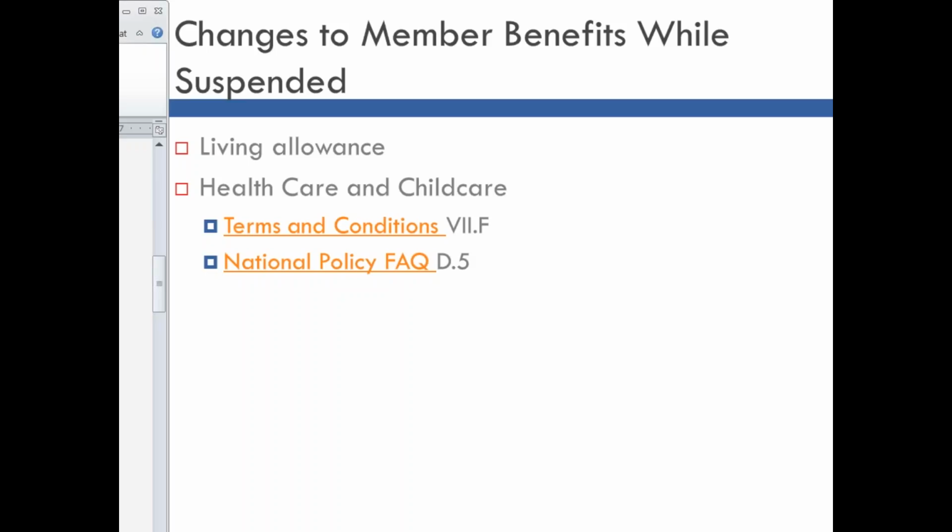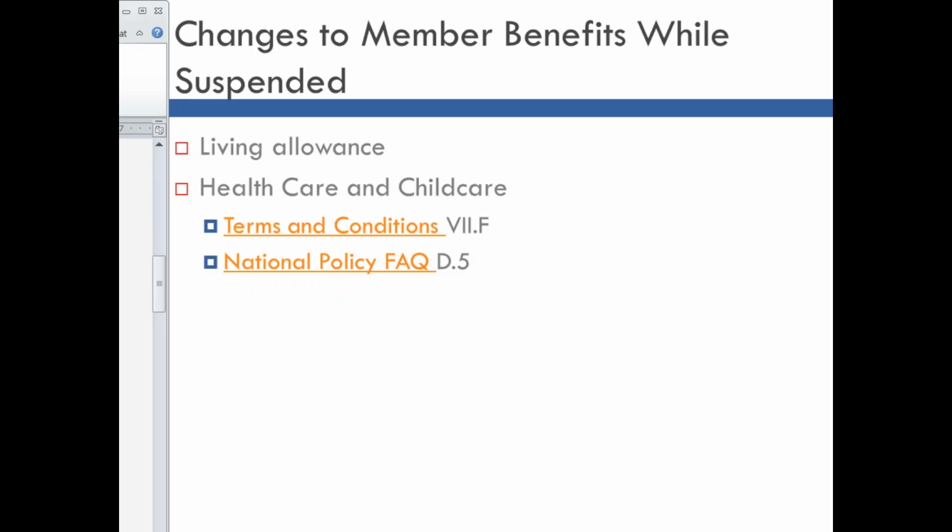And in relation to child care, the terms and conditions also say similar things for that, cause, reasons. But it is more specific in the terms and conditions about child care.